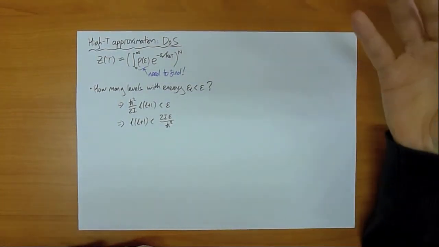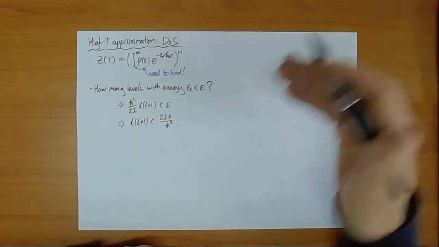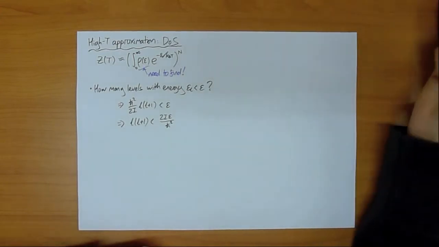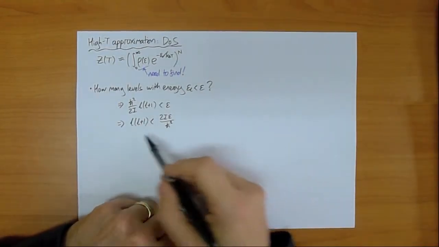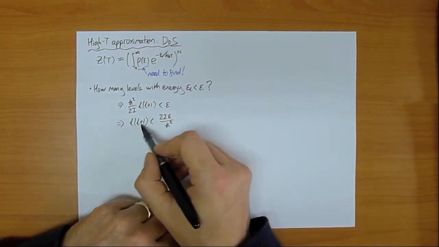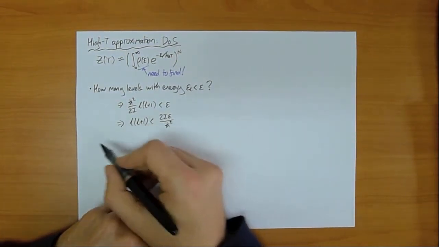But this density of states approximation is valid when many levels are occupied. That means in practice L is going to be a large number, and if L is a large number then I can ignore the plus 1 in this term.